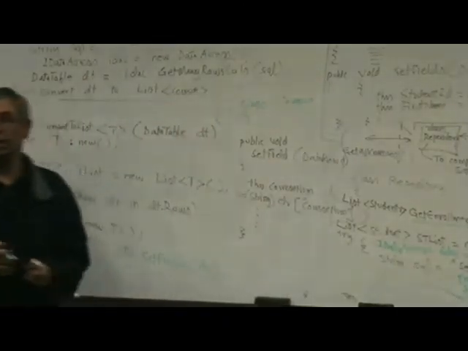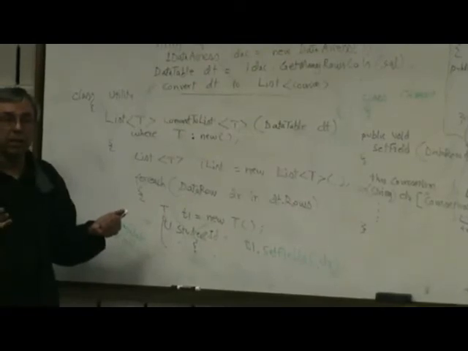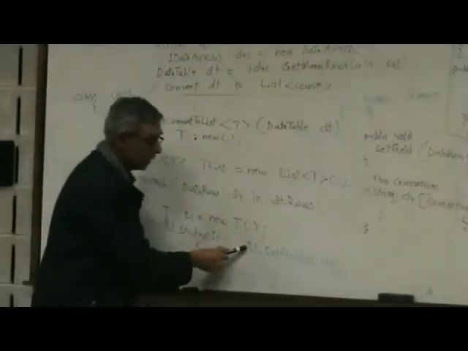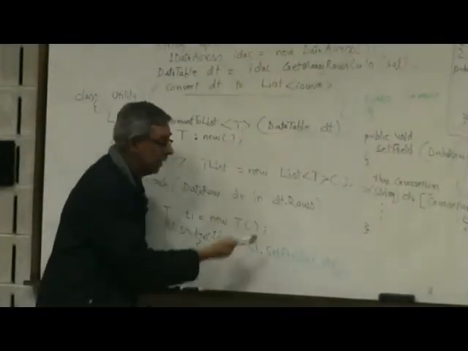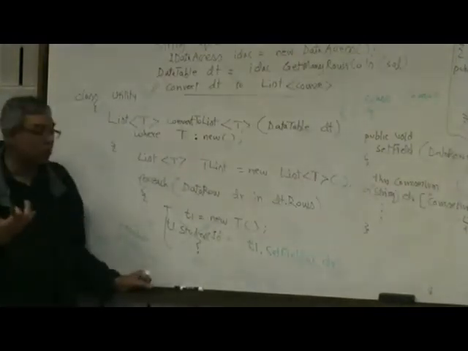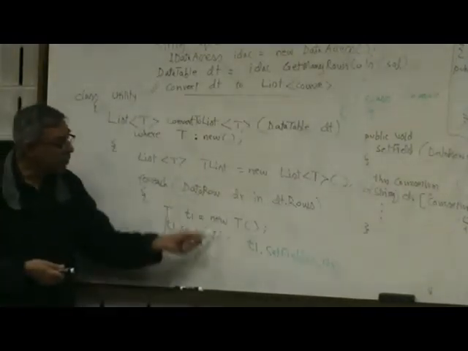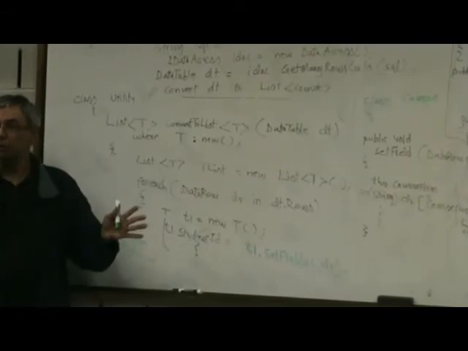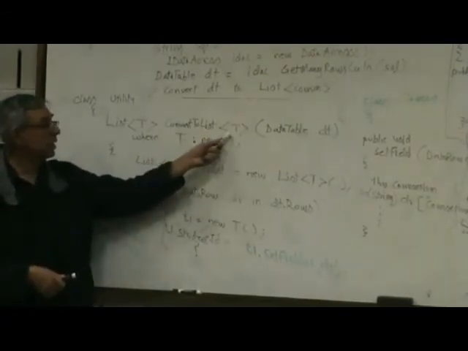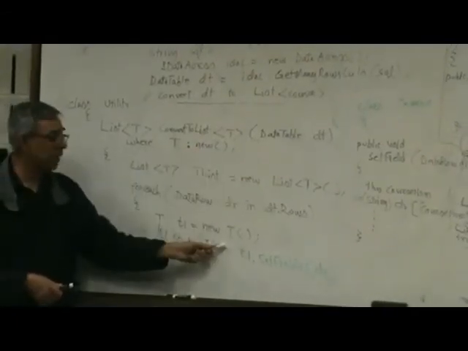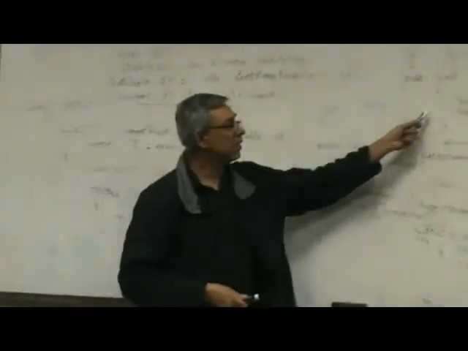They made it setField. What will happen now? The compiler will not catch it, right? Because type T could be student, type T could be course. So if you call it on the student, it will work perfectly. You call it on the course, what will happen? It will generate a runtime error saying there's no setFields over here.